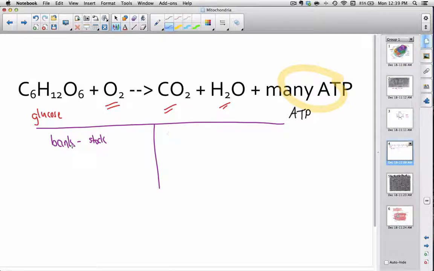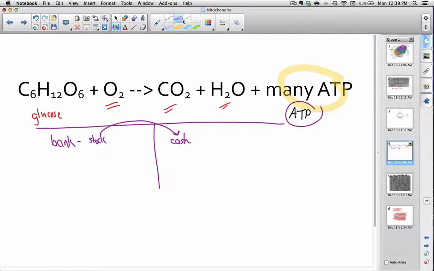And then when the stocks are cashed out in the bank, they'll give you cash, which you can then use to spend on things. Glucose is like that stock in the bank that you can't immediately use. Instead, it has to get turned into this ATP, which is another molecule that stores energy, but it stores it in a form that's much more readily accessible to the cell.